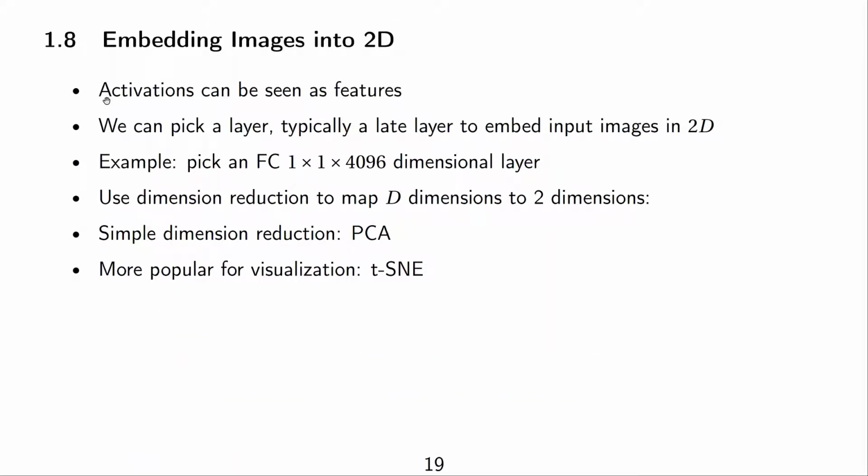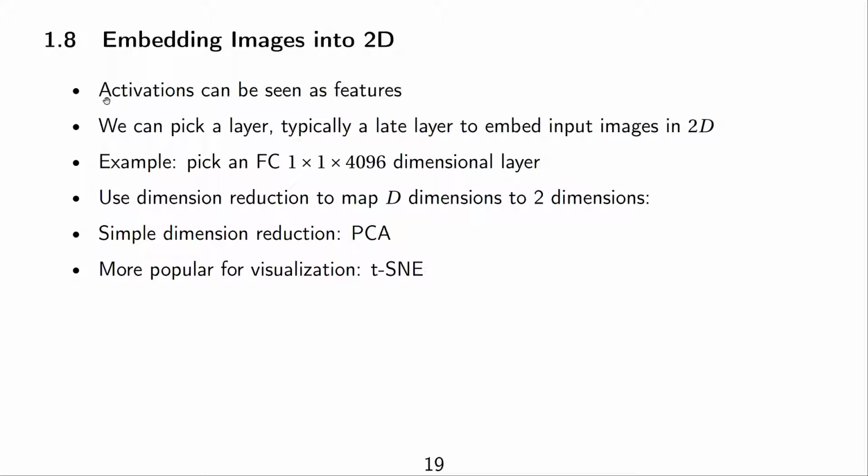But for now, let's look at this idea of embedding images into 2D. The data processed by the network, some activation tensor, can be seen as features. So we can pick a layer, typically a late layer in the network, and say that this tensor, often a vector, is just a feature encoding for an image.